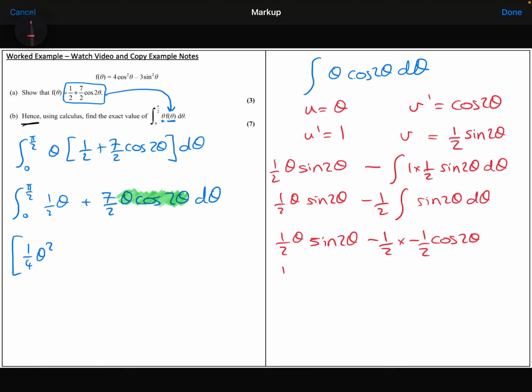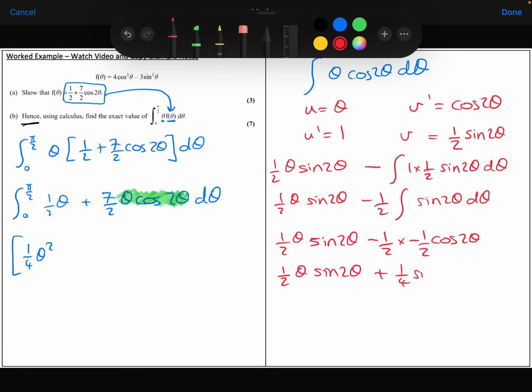And we can see that that is going to simplify to be a plus 1/4 cos 2 theta. Right, I can now take the answer to that integral and put it in here.